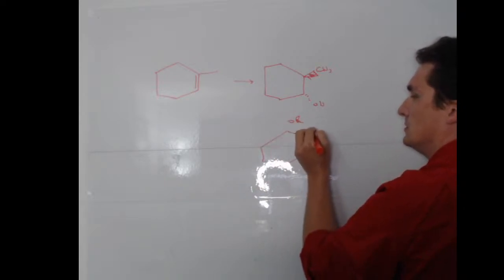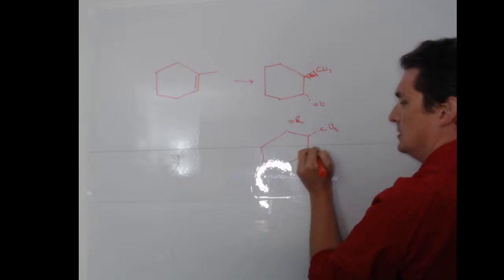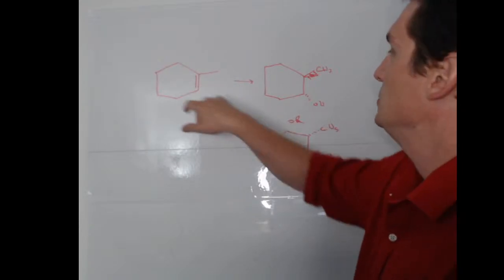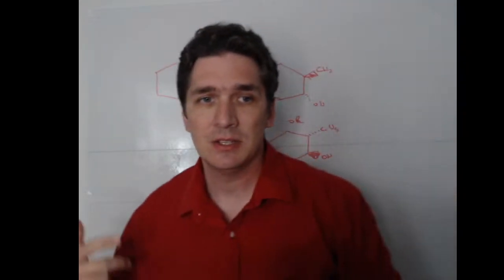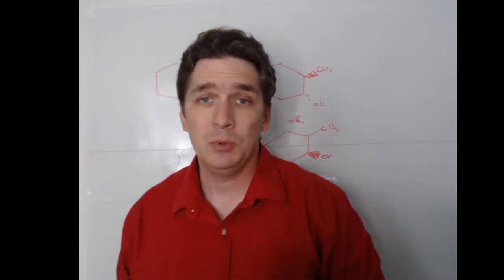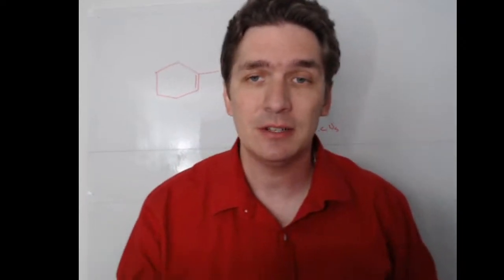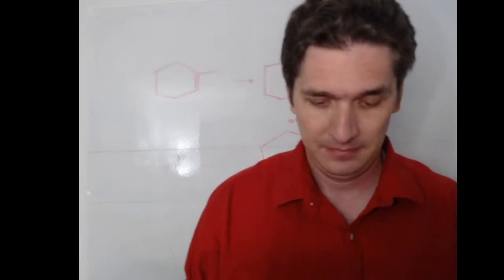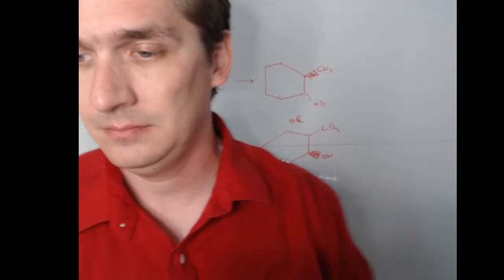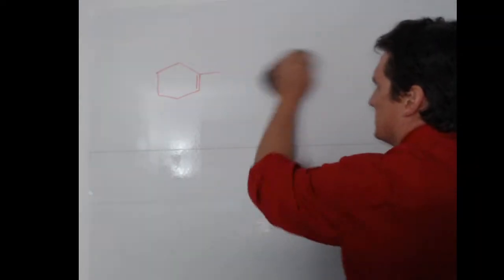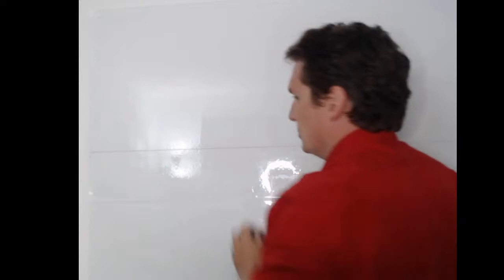So if we do hydroboration oxidation on this molecule, we will always end up with the trans 2-methylcyclohexanol. We will never end up with the cis 2-methylcyclohexanol. So I think ring chemistry is really more where the stereochemistry begins to show up and becomes very important.